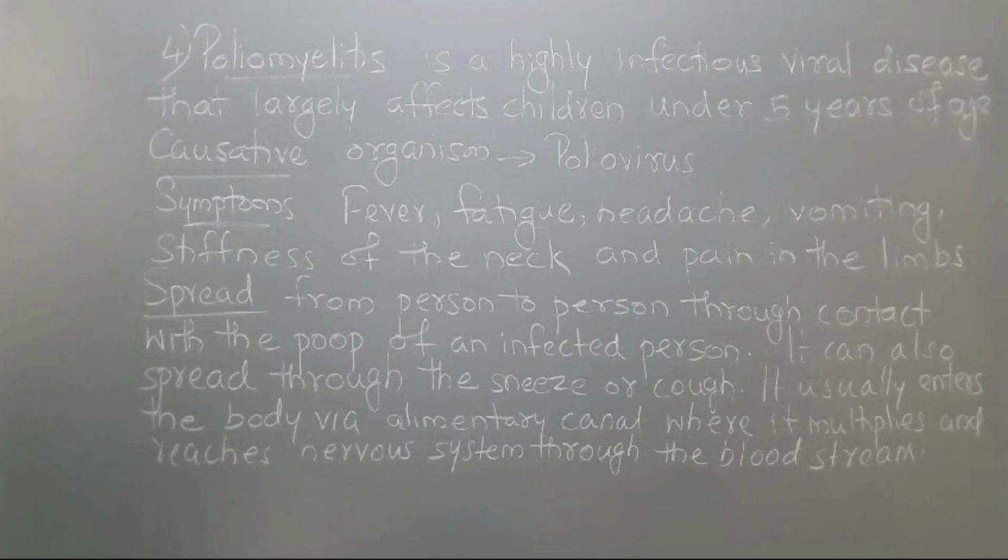Then it usually enters the body via the alimentary canal, where it multiplies and reaches the nervous system through the bloodstream, and that is how it spreads from one person to another, and it causes poliomyelitis.